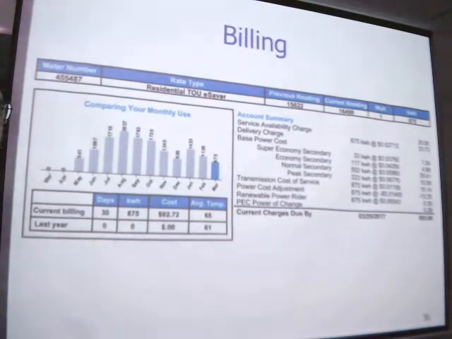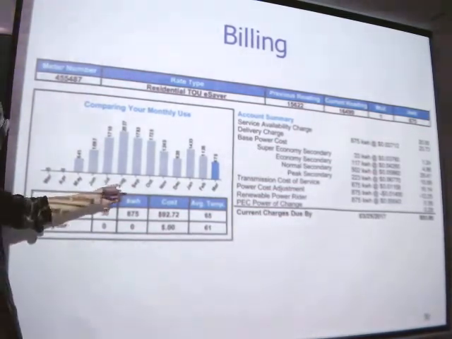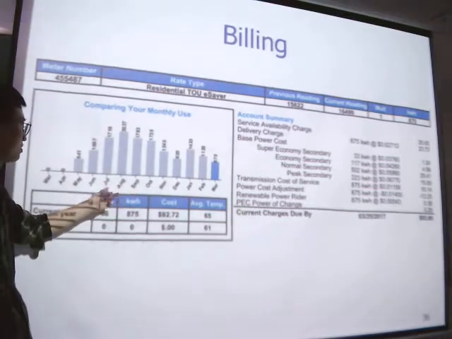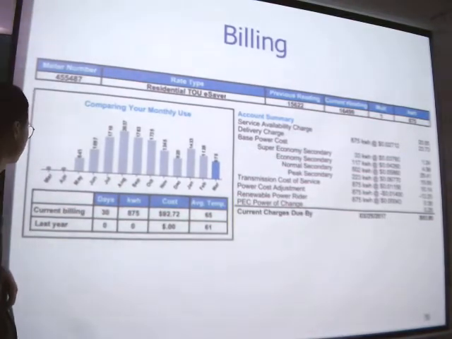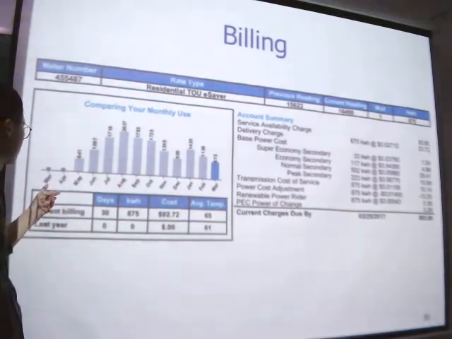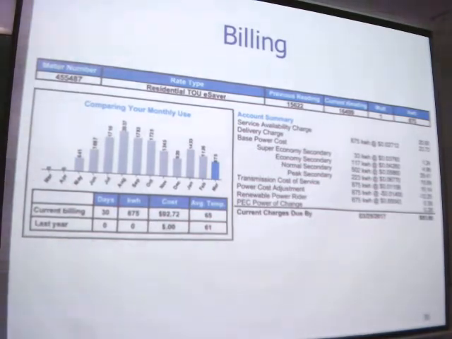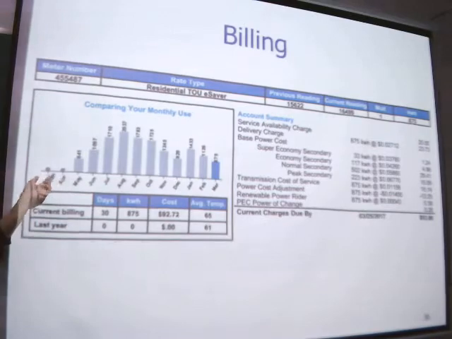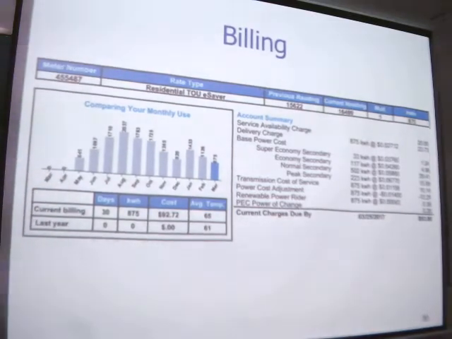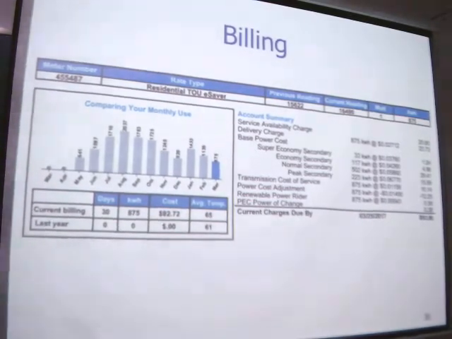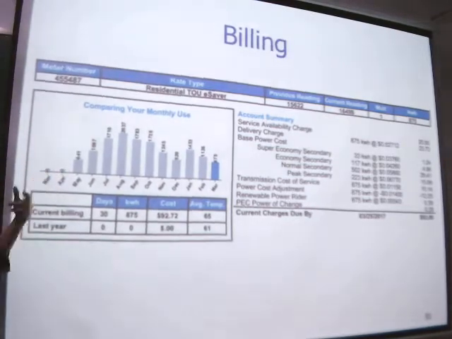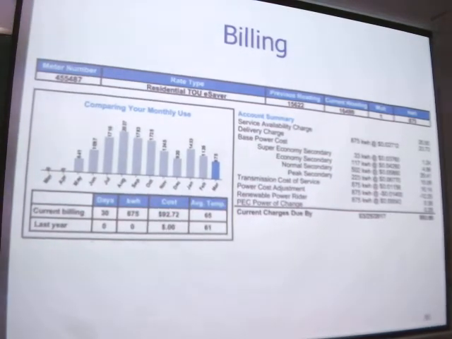And here is comparing their monthly use. Okay, you see August, September, July. And for March and April, maybe this family chose to go out for 2 months of vacation, or they moved to another home. I'm not sure, but there is no electricity use in this.